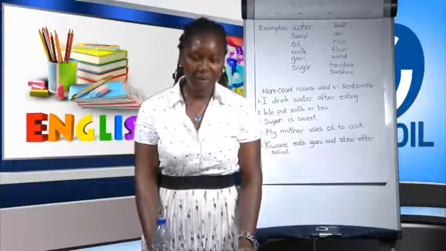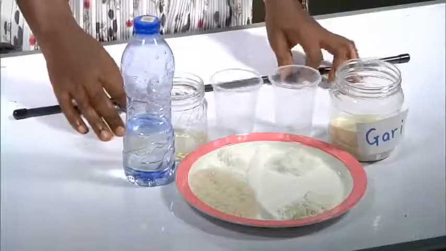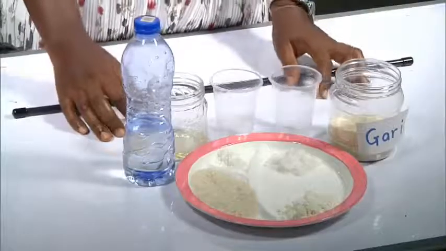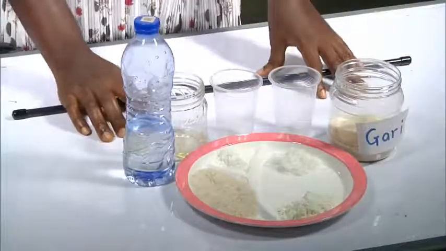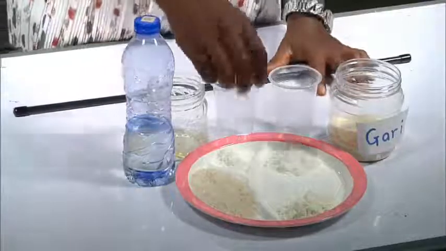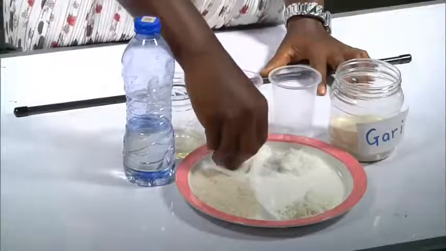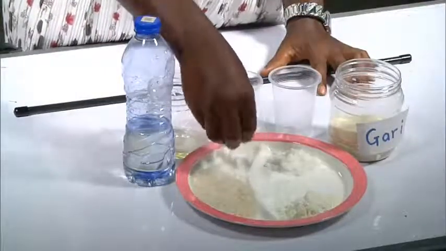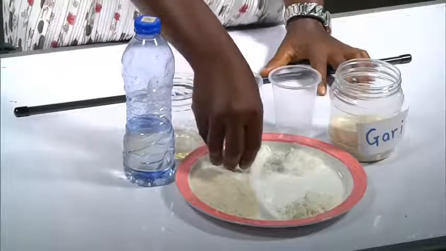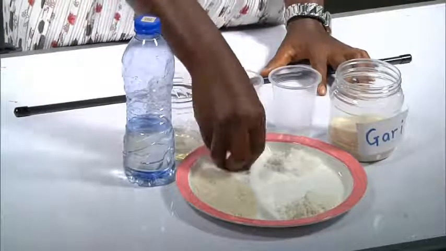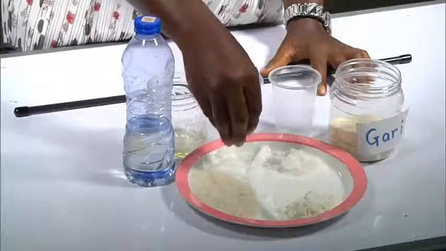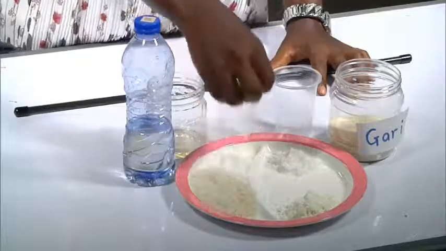Now we have here some examples of uncountable nouns. What do we have here? We have salt. Can you count these salts?